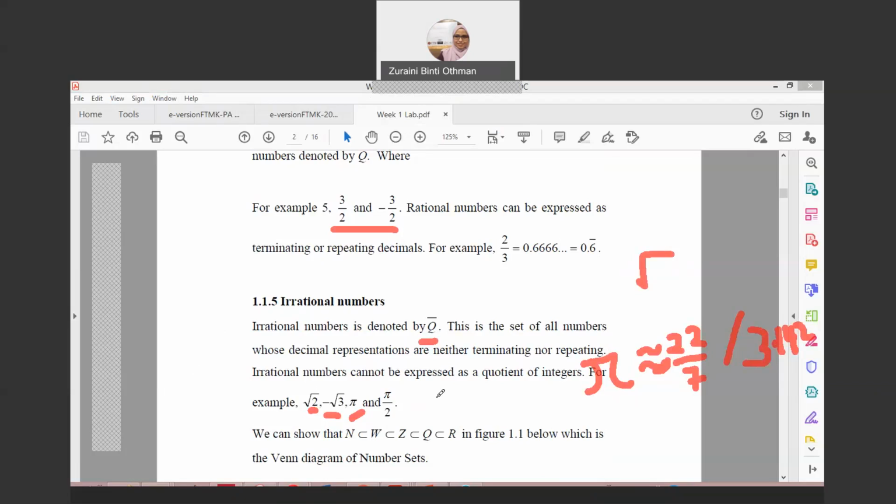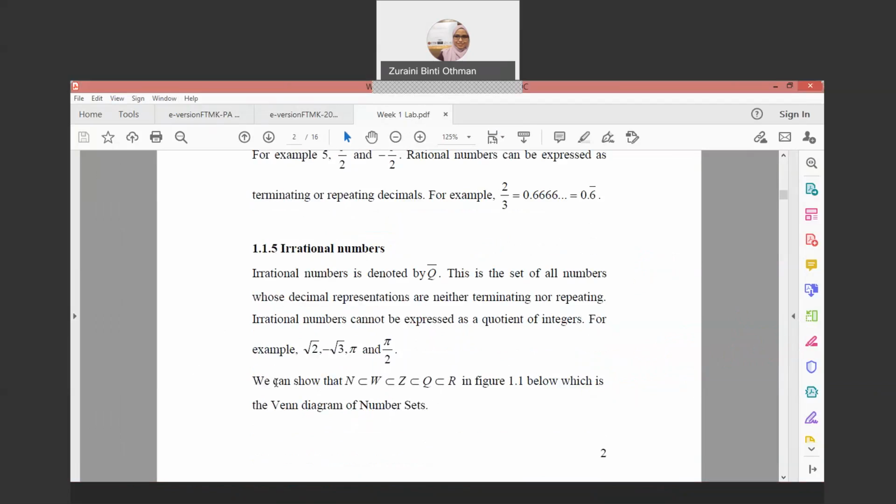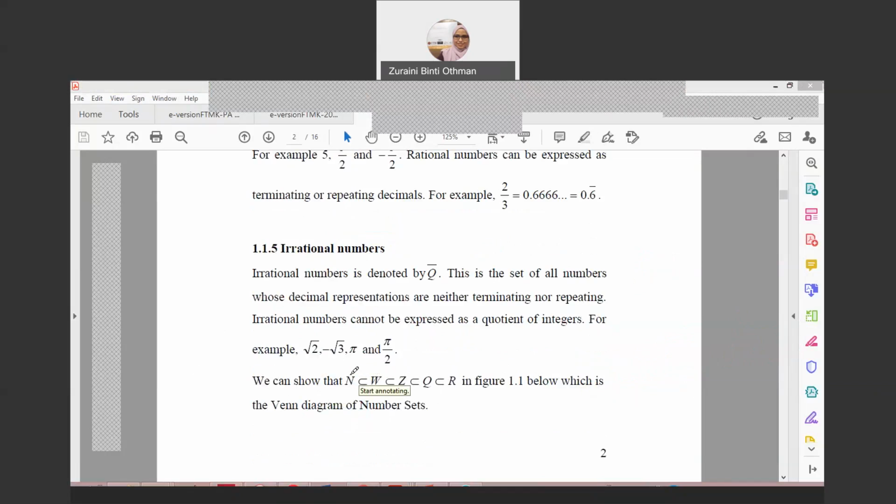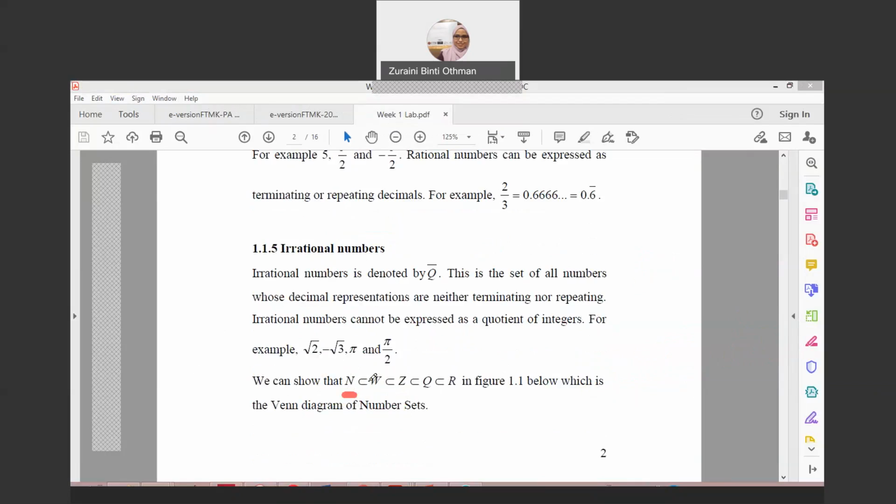So now irrational number, we can show that. N, what is N just now? N is natural number, subset of whole number. Kenapa subset of whole number? Sebab natural number ada semua number yang positif kecuali kosong. Dan whole number includes 0 here and it's subset of Z, because here dah negative part tu.